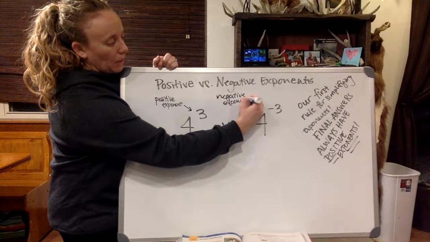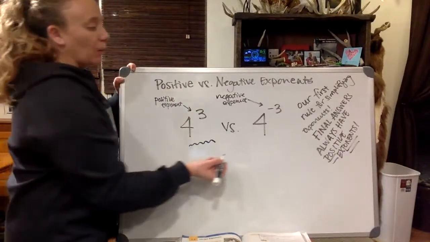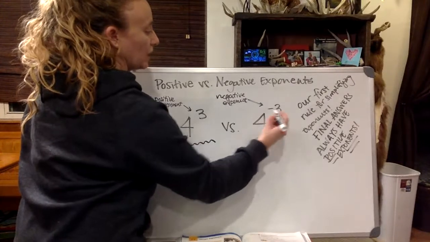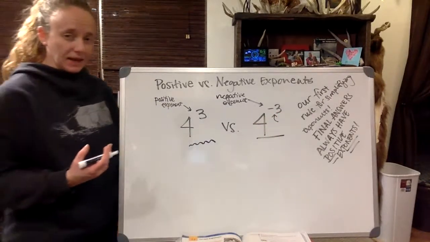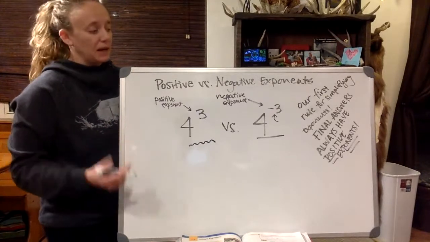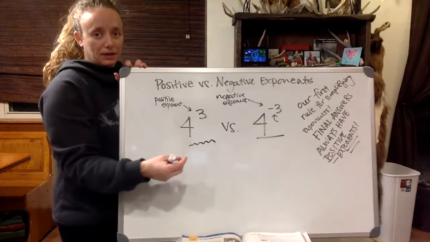I'll explain more as to why we do what we're about to do. But if I wanted to actually simplify this, I want you to think that this exponent here is negative because it's showing you that it's in the wrong spot, meaning our base is in the numerator when it should be in the denominator.